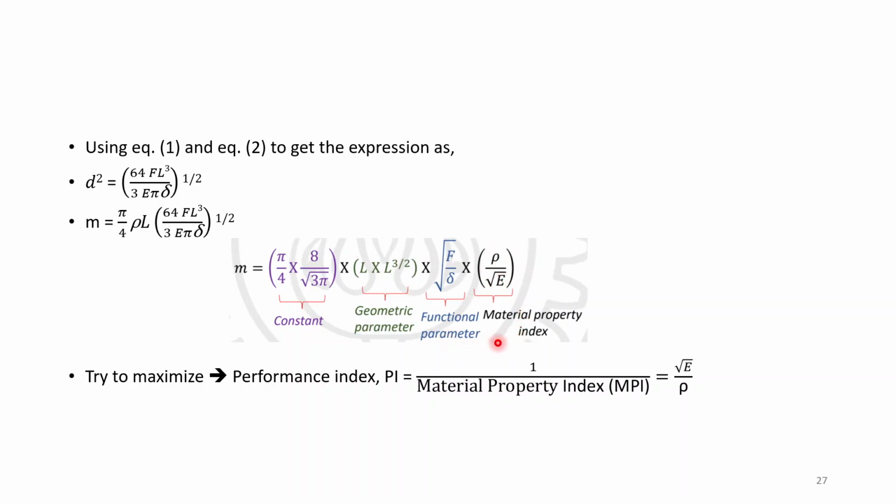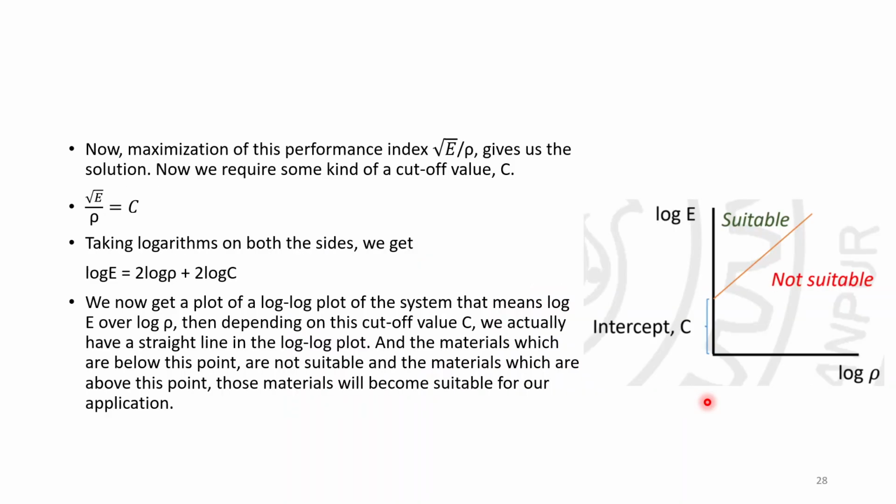So mass we are reducing, so we are reducing this property. In case of performance index, you are trying to increase this performance index, which will be the inverse of material property index. So it will be root E upon rho. Next up you have now maximization of this performance index root E upon rho, which gives us the solution.